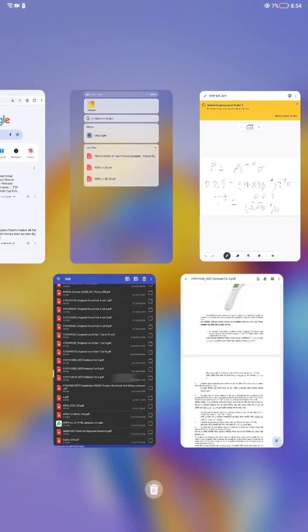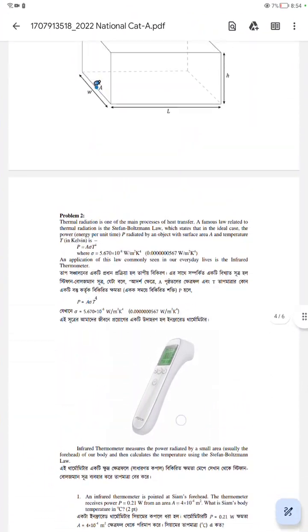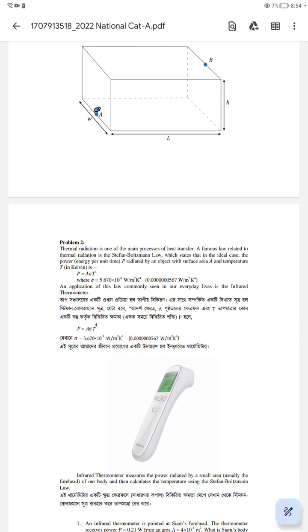I'm going to put the value of sigma in my calculator. It is 5.67 times 10 to the power minus 8. And notice I do not have to change the unit of sigma, because all of these are in SI units.